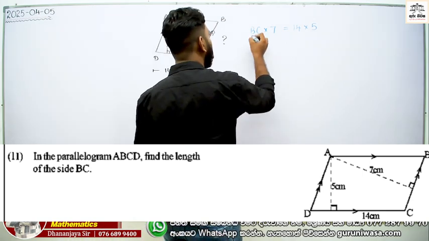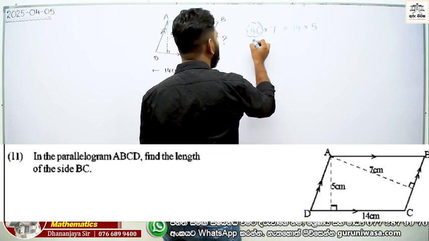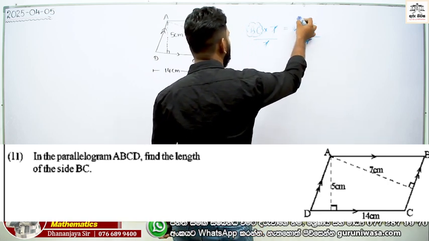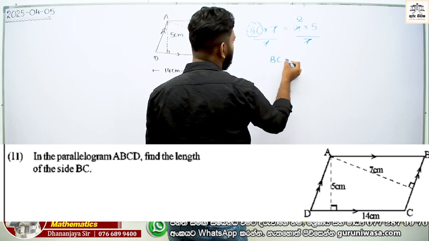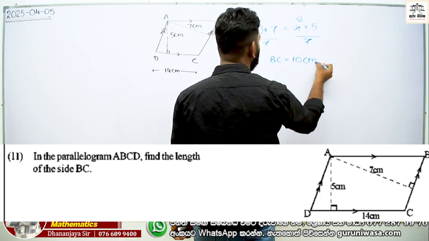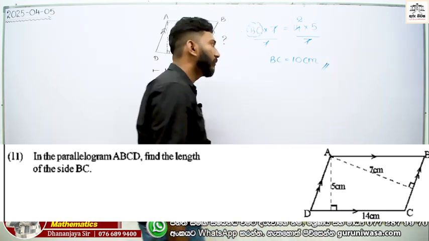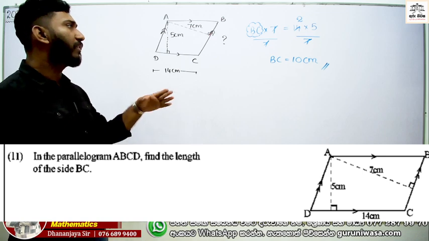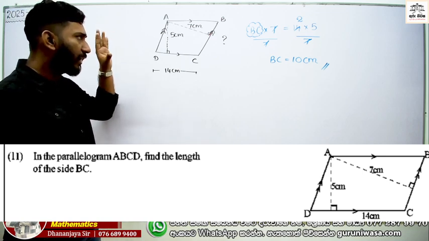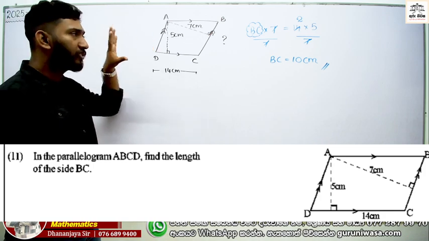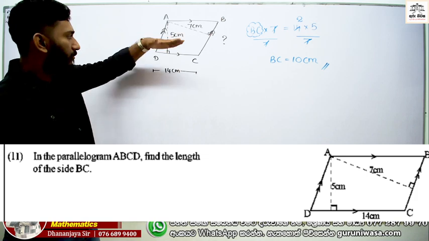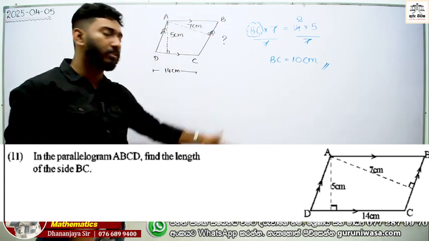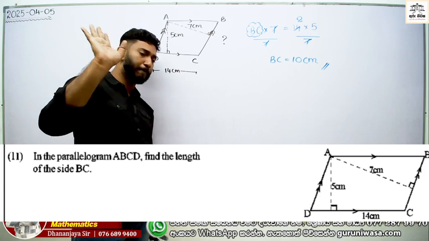Therefore, how to find BC? You have to divide by 7. Now BC becomes 10 cm, because BC is a length. There are two ways to find the area, but they should be equal because it is the area of the same parallelogram. BC into 7 or DC into 5, both are equal. Understood? අපට තේරුණා නේද මේක?